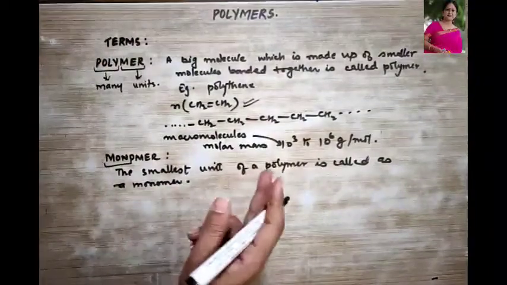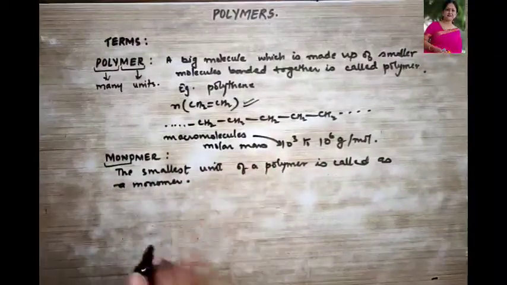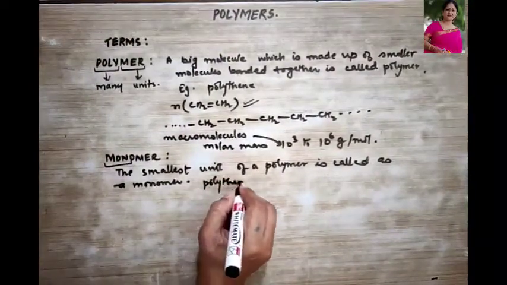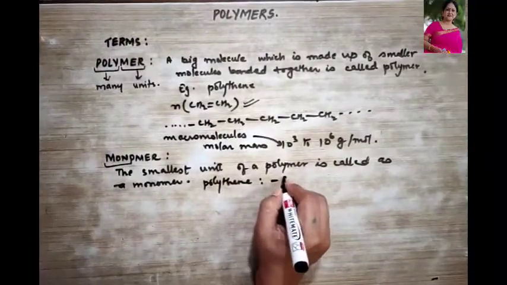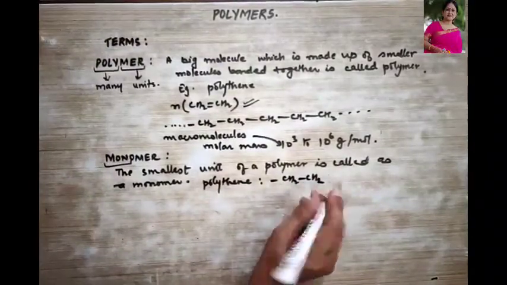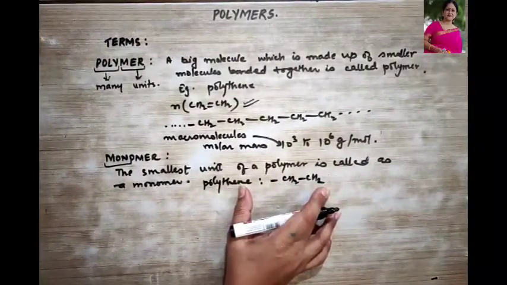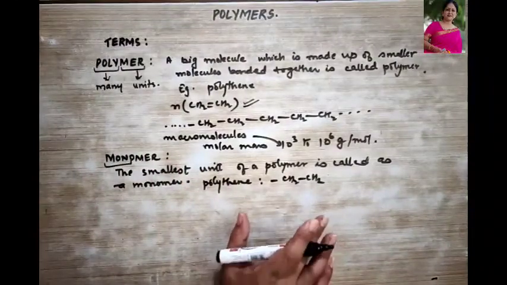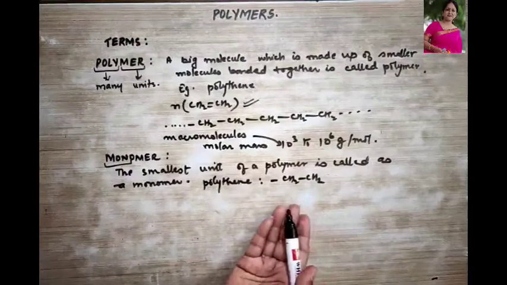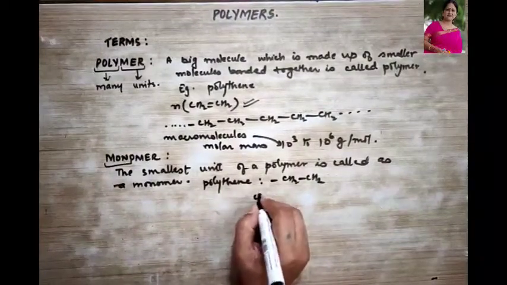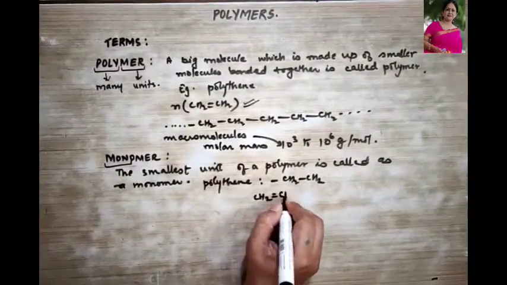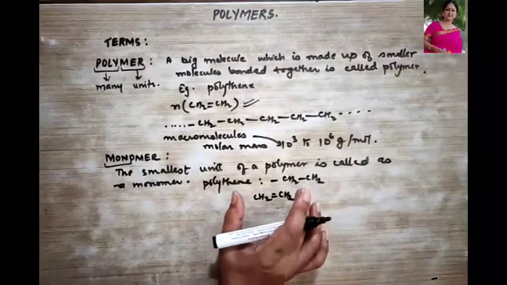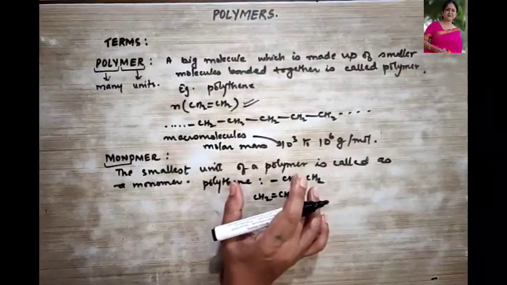In polythene, what is the smallest repeating unit? The smallest repeating unit in polythene is your CH2. So this is going to be called a monomer, which in isolation is just a molecule of what? Ethene. Simple. It can be written like this also, CH2 double bond CH2. So the ethene molecule is the monomer of the polythene polymer.